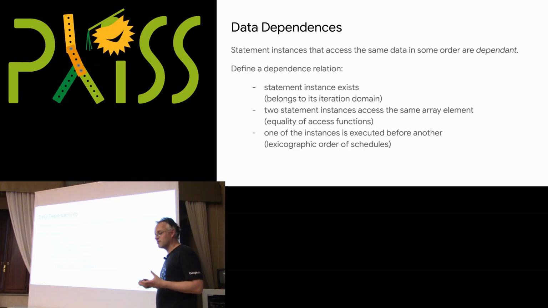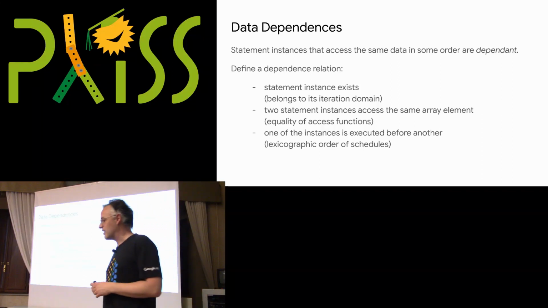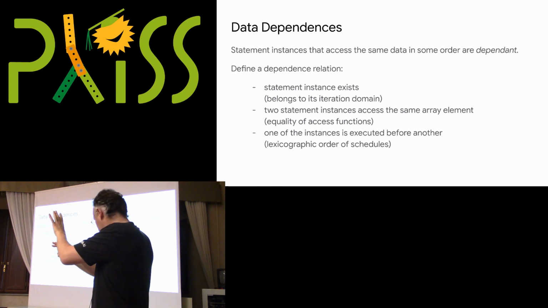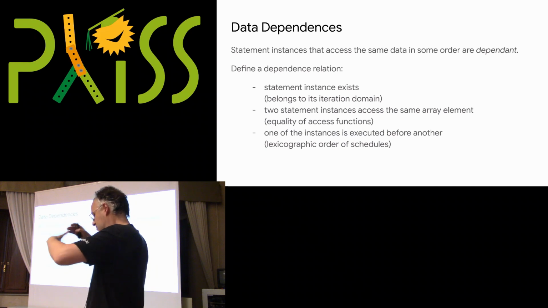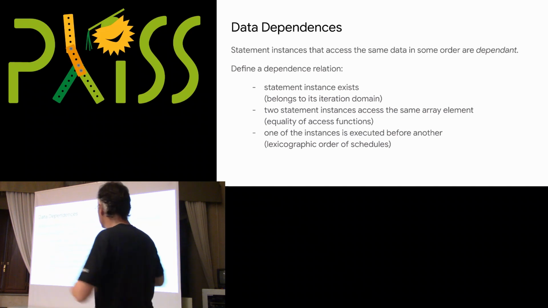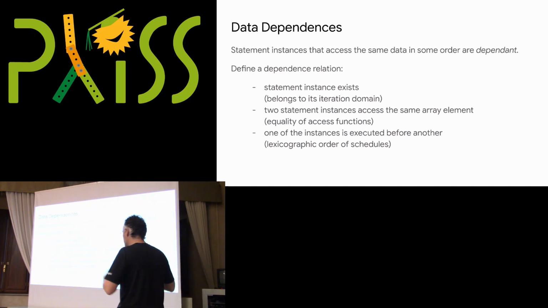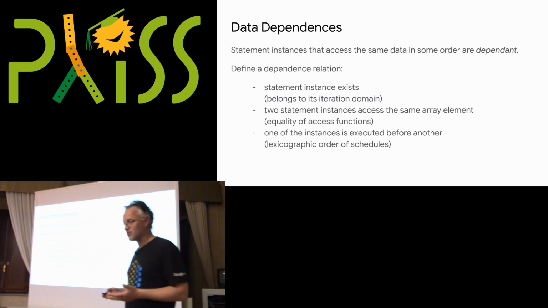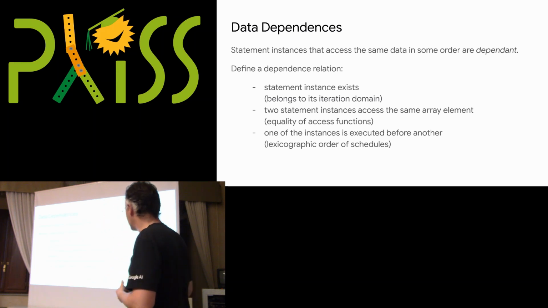So that's a typical geometric problem, where you have two separate domains, one for statement s and one for statement s prime, and you want to bring them together, adding constraints that some linear forms are actually equal. This is one of the things that a library like ISL can solve for you. It involves potentially complex algorithms, but it's decidable, and in practice it works pretty well. And then you can do more than that.